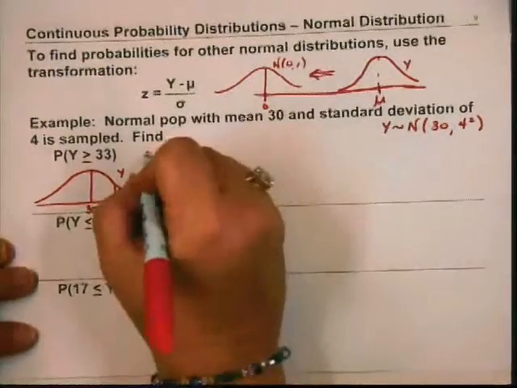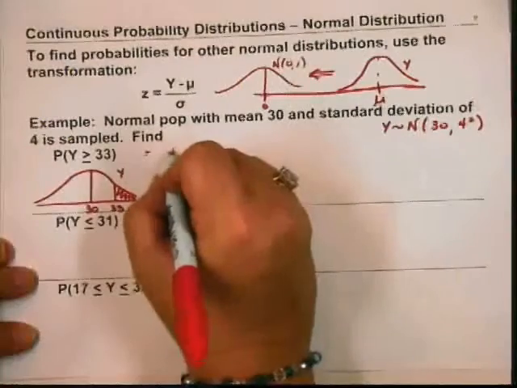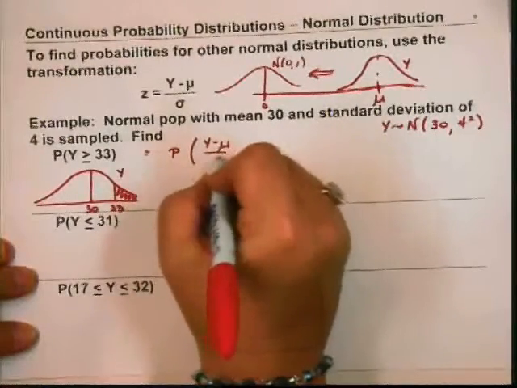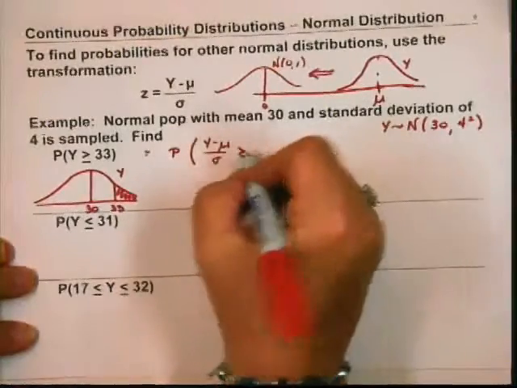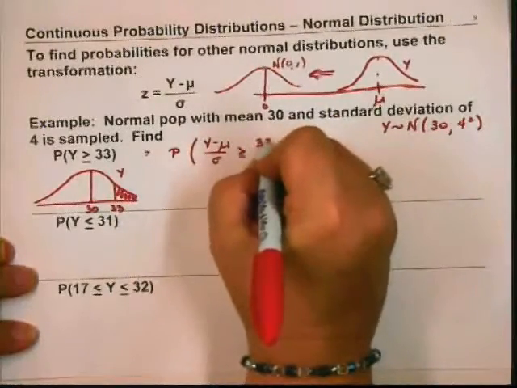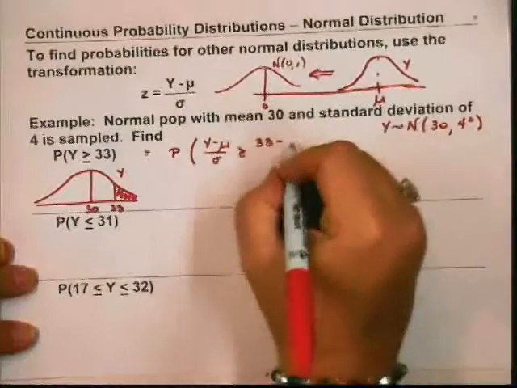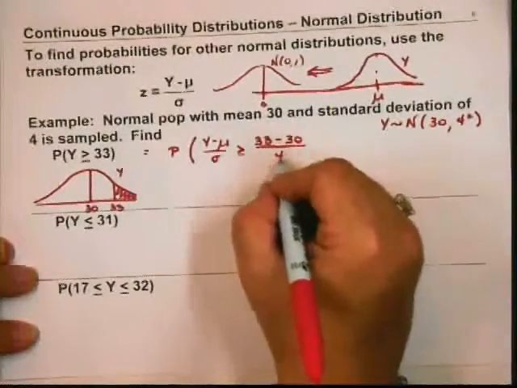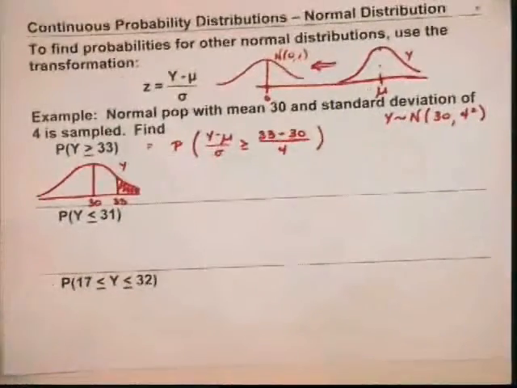Okay, so we take this probability statement here, transform it: y minus mu over sigma, greater than or equal to 33 minus 30, the mean, divided by sigma, which is 4. So be attentive to whether you're given standard deviation or variance, so you divide by the right thing.